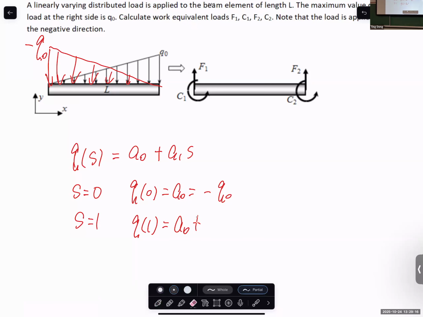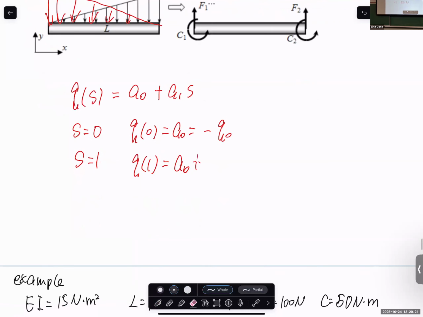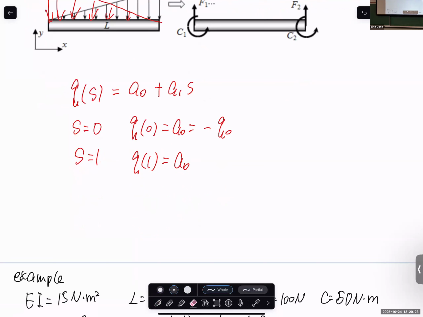Let's write directly. Plus A1 equal to 0, right? So A1 equal to positive Q naught. Makes sense or not?